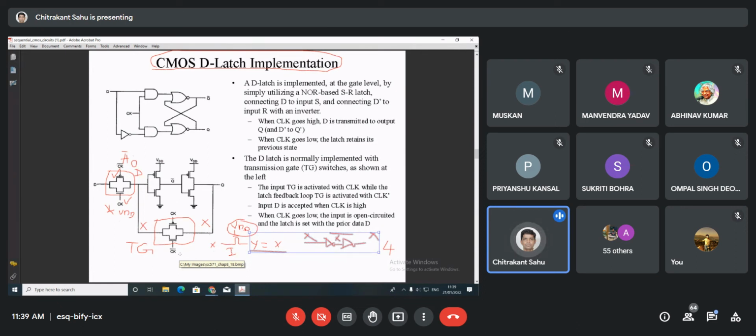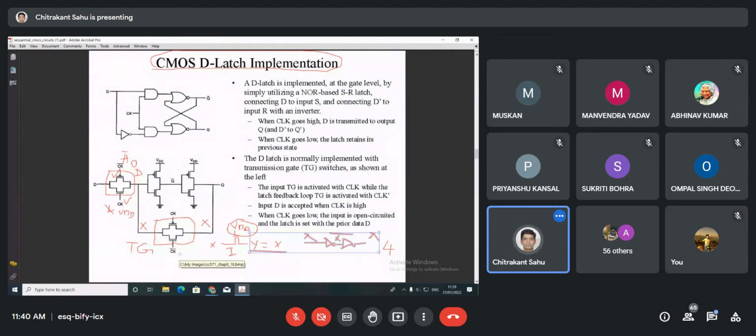Because both are in parallel: if 0 is there, NMOS is conducting and gives a good 0. If VDD is there, NMOS and PMOS both operate, PMOS dominates and gives a good 1, VDD.